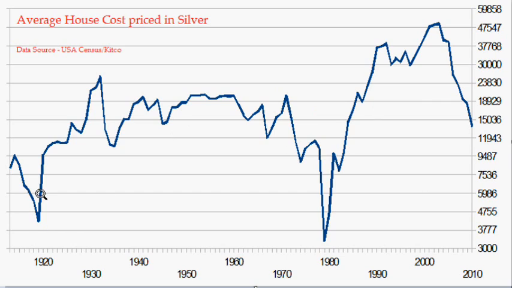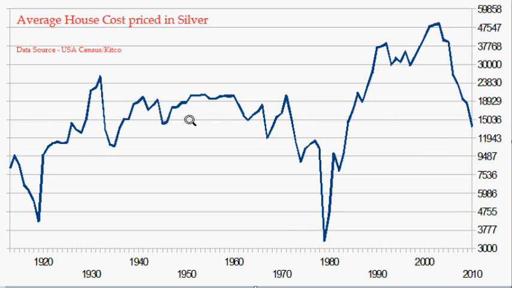The increases that we've seen were nowhere near as big, at least from the 1920 low here, where the price goes from about 4,000 up to about 40,000 ounces of silver. That's about a tenfold gain, which is quite lighter than a 70-fold gain, which is what you have in dollars.